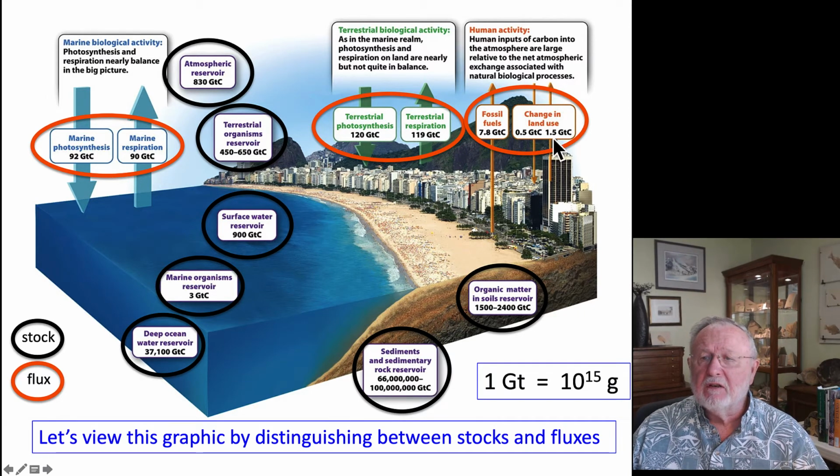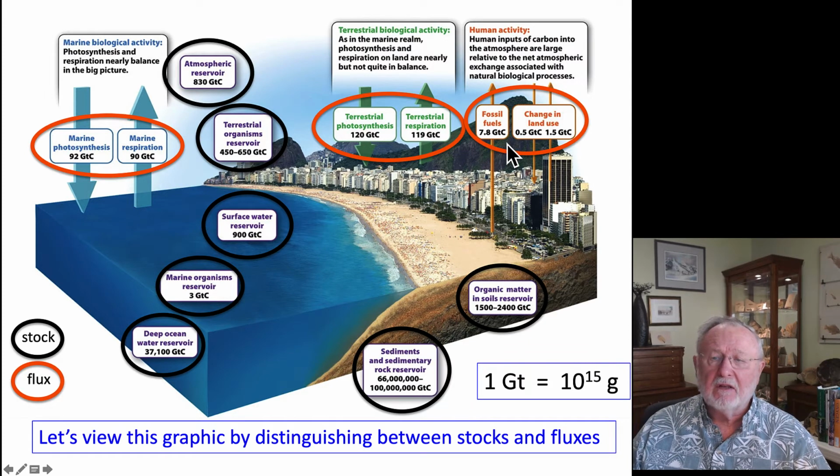What you can see here is that we get about 8 gigatons coming from human activities, and about 3 of those gigatons fall out as a net increase associated with photosynthesis. About 2 gigatons extra fall out because of marine photosynthesis. So 2 plus 3 is 5.